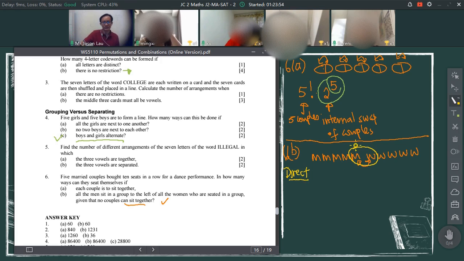Who can sit here? 5 people can sit. 5 of the men can sit at the position before the woman. Then this will be 5, and this will be 4, because the wife cannot sit next to the husband. So in that case, after that, what to do?